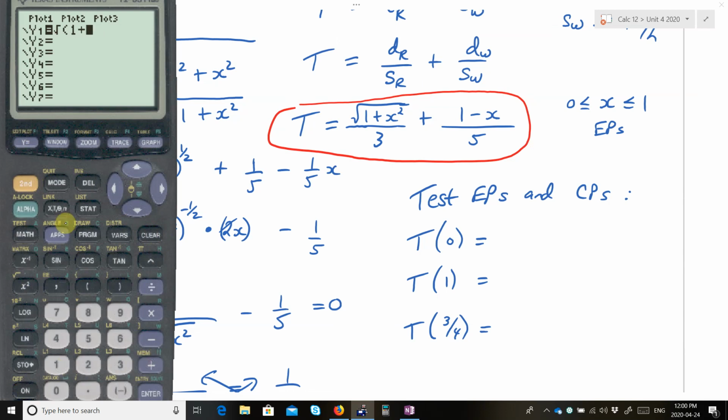Square root of 1 plus x squared divided by 3 plus 1 minus x divided by 5. And let's graph that. And we'll go window. X needs to be between 0 and 1. And maybe I'll just go up to 100 for now and see if we can see the graph like that. Let's try to calculate 0, see what that does.